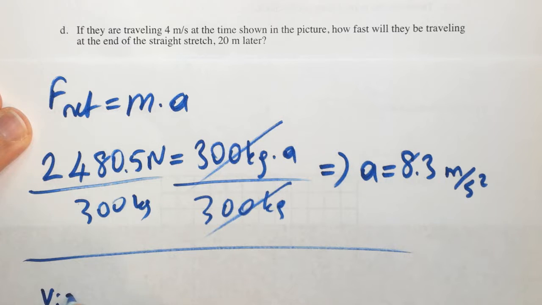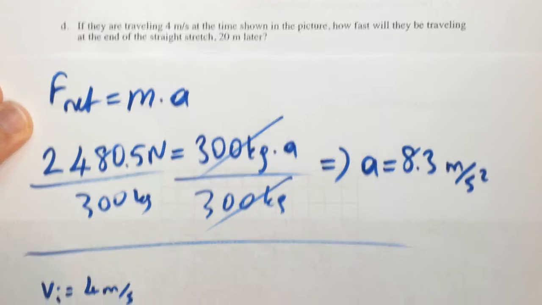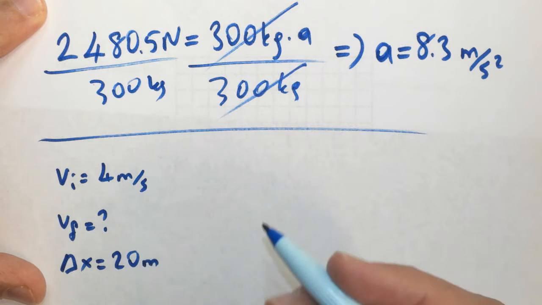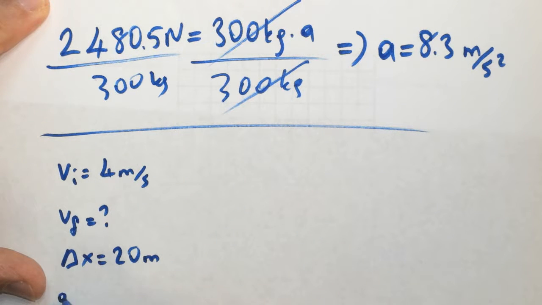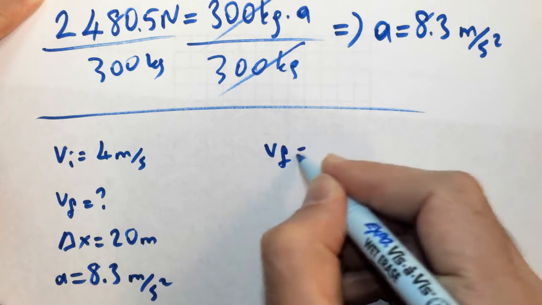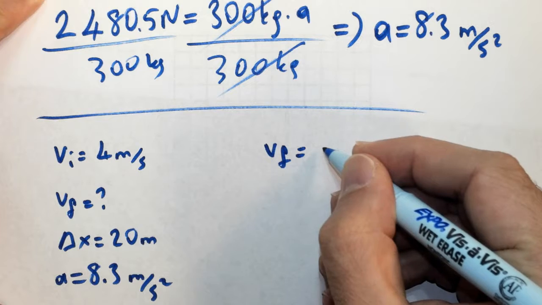So the initial velocity is 4 meters per second, and the question asks for the final velocity, and the question also gives delta x, which is 20 meters. Acceleration we already got from the previous question, which is 8.3 meter per second squared. So which equation can we use? Let me write all the equations and decide.